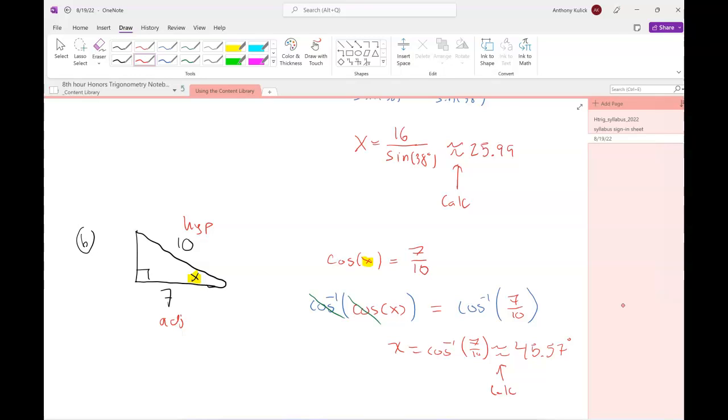What do you guys think? Does this feel familiar, or at least like coming back to me now? If you had handed me a bunch of problems like this to do initially, maybe not so much, but after going back and reviewing, all this should be fairly familiar feeling, right? You typically spend a good amount of time in geometry doing this. I had a tough time last year because this part of geometry was the virtual time during the pandemic for last year's students.